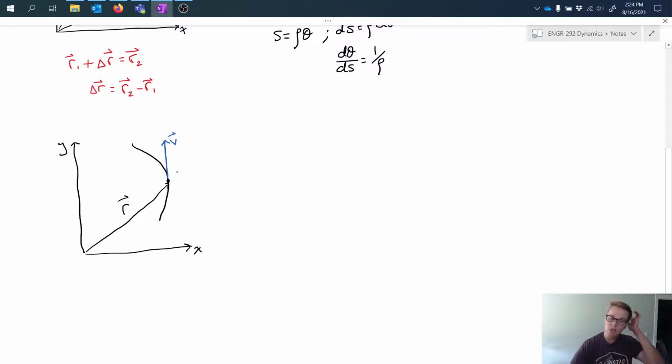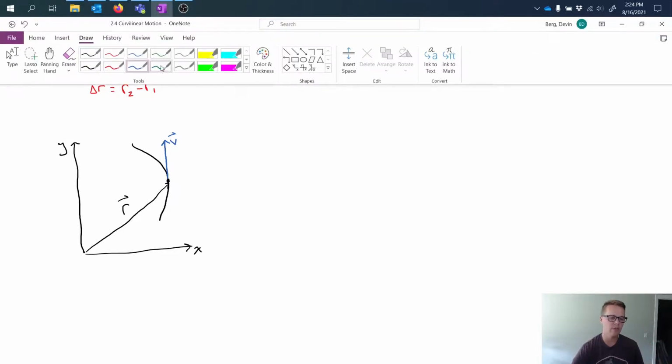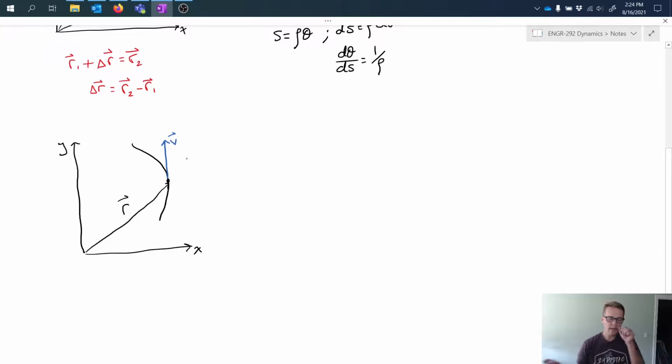Now what we don't know necessarily is the direction of the acceleration vector. So we need to think about what acceleration is. If velocity is a vector, then acceleration is the rate of change of that velocity. And velocity, being a vector, is defined as having a magnitude, which we might call a speed, and a direction, so an orientation of that vector.